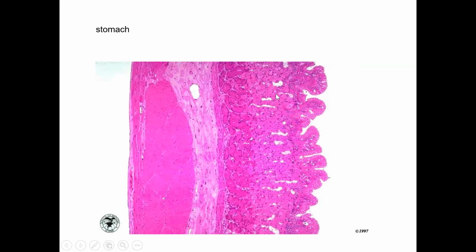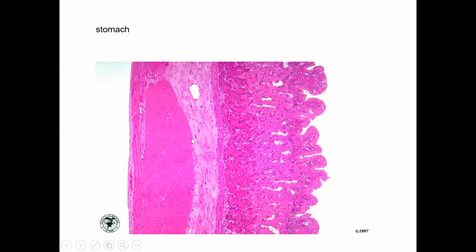Okay, so this surface is all mucosa here, and you can see the ridges, rugae, right? And the lining is simple columnar epithelial cells with microvilli. And also here, this part will be the submucosa, all right?